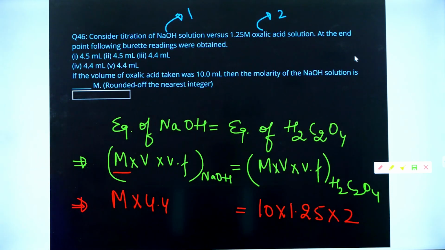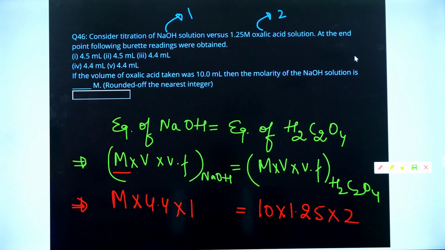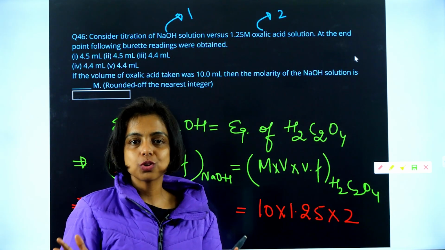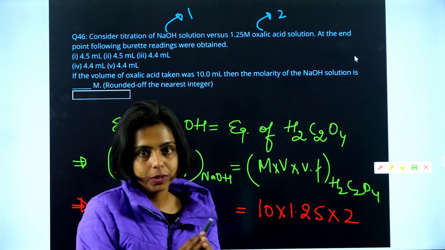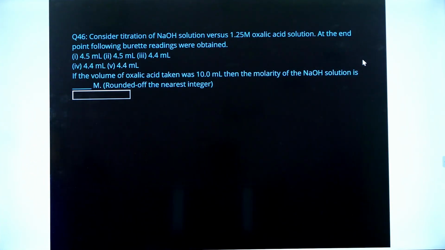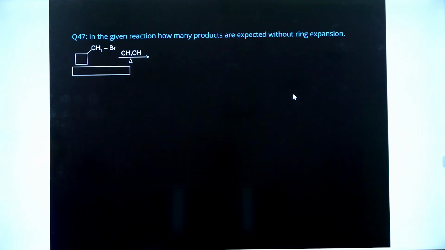Into valency factor, which is 1. Please solve this equation. You will get your answer for the molarity of NaOH. The law of chemical equivalence: whenever two things react, the number of equivalents of one should be equal to the number of equivalents of the second reacting species, right? I hope you get your answer. Done? So the answer will come out to be 5.68 and you will write it as 6.